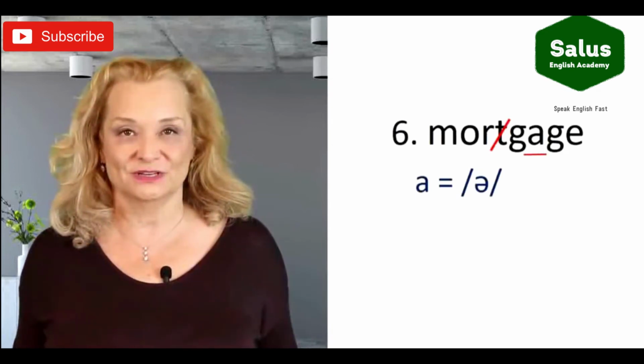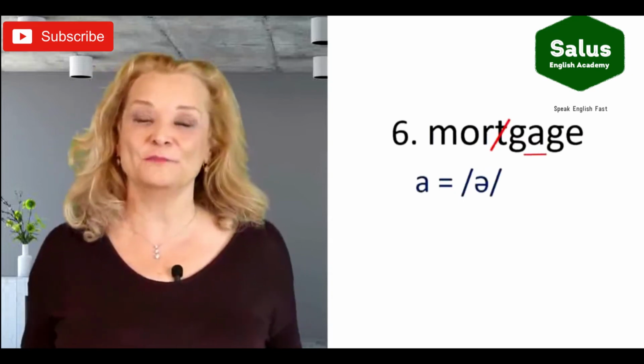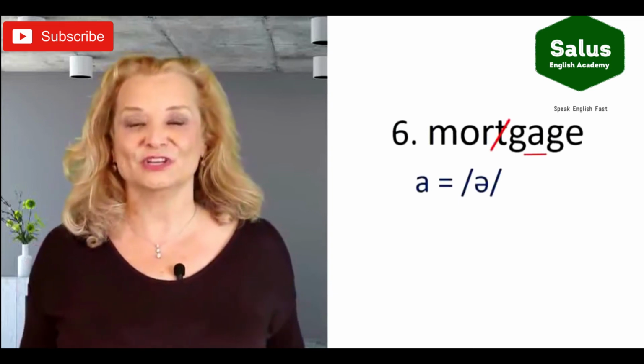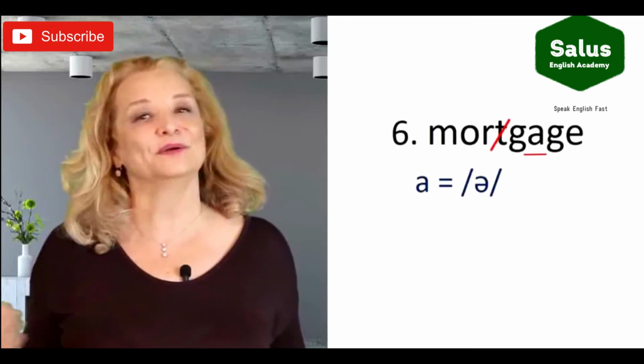You pay a certain amount to the bank. So now that is mortgage. You pay the mortgage. So the payments for an apartment or a house are either called rent or mortgage, depending on if you're renting or if you own it.